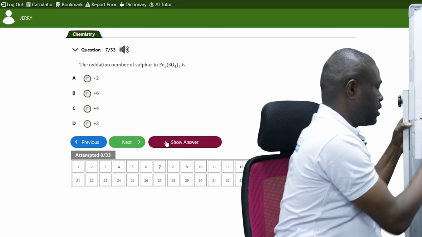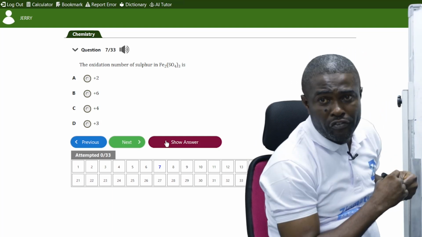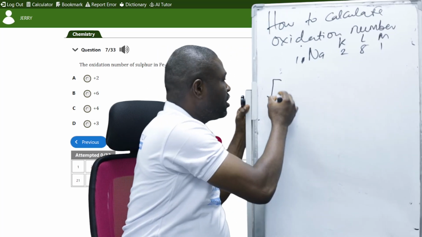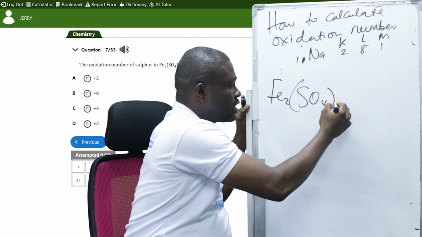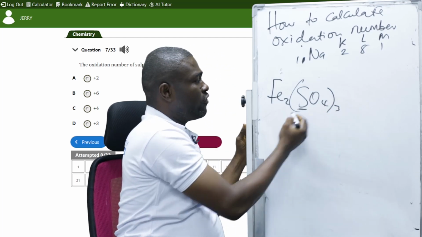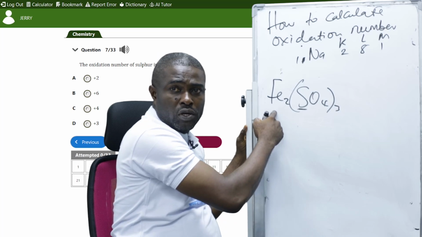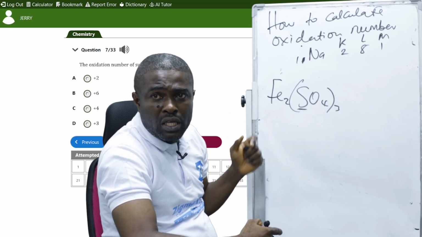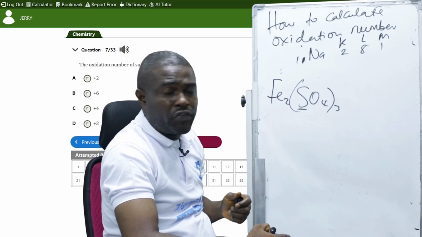And with that, I want to believe the topic is well taken care of. I have Fe2(SO4)3. I am looking for sulfur. I'm not looking for that of the ion. So that is iron 3 tetraoxosulfate 6.